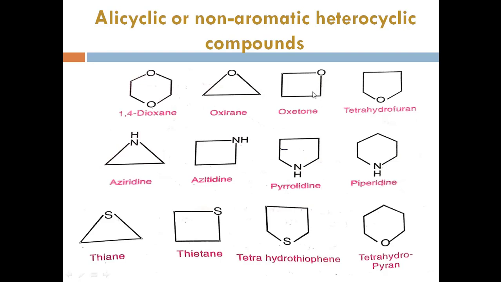In all nitrogen-containing compounds there is one lone pair of electrons on the nitrogen atom, right? So only one pair or 2 pairs of electrons are present. That means in no structure are 6 delocalized electrons present, right? So that's why they are non-aromatic in nature.